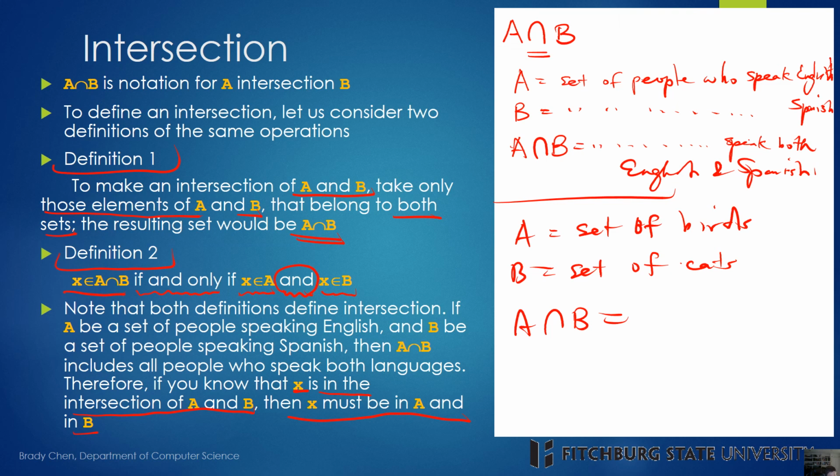That's not possible, right? So there's no overlapping between A and B. So A intersection B must be an empty set. So there's nothing in there. Sometimes we use phi to represent an empty set. Okay.